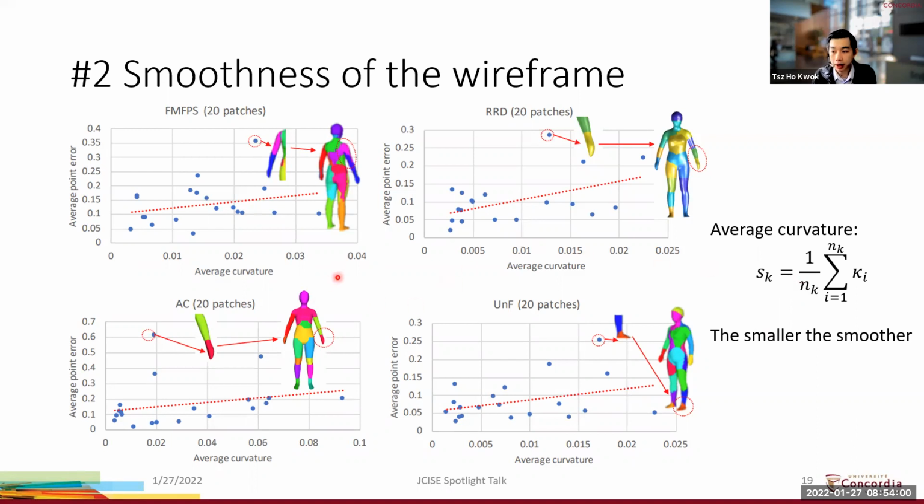From here, we have a very clear trend: when the curvature gets smaller, the error also gets smaller, so the quality is better. This agrees with hypothesis 2: when we have a smoother boundary wireframe, the learning performance is also improved. But you see the slope is very small. It does matter, but it doesn't have a very significant effect on the learning performance.